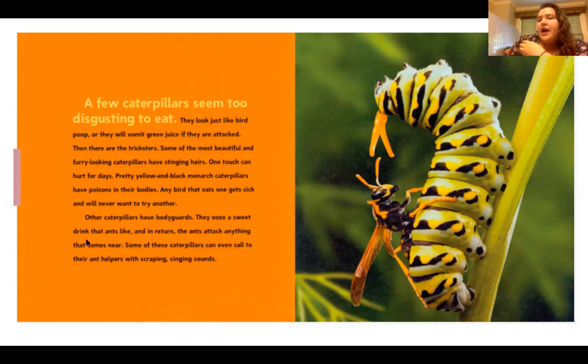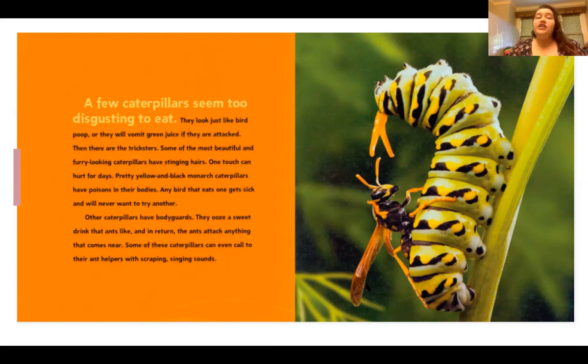So they have a sweet drink coming out of their body that ants like to drink. And then the ants will attack anything that tries to hurt the caterpillar. Some of these caterpillars can even call to their ant helpers with scraping or singing sounds.